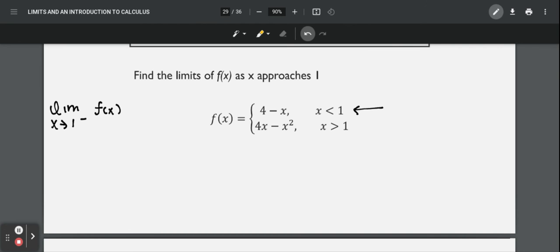So this top equation would be the equation we would use when x is approaching 1 from the left. And so in this case, we would plug the 1 in for the x. We would have 4 minus 1, and we would get 3.